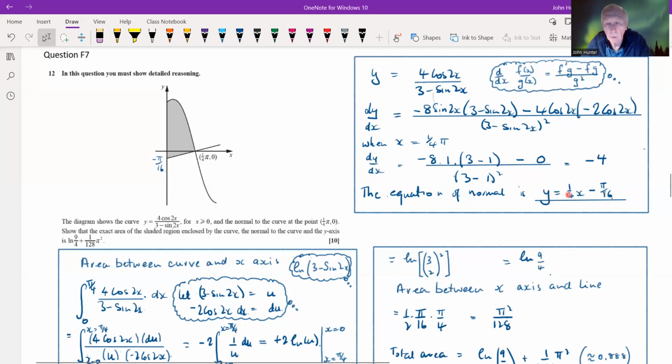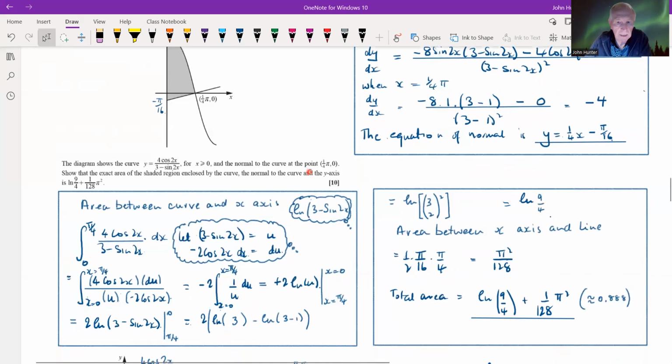Basically, given the point and the gradient, we can work out the equation of that normal, therefore, is this. And because it's explicit in y, this bit obviously is there for the y-intercept. So that's that value there. So we've got no problem now with the triangle bit below the x-axis.